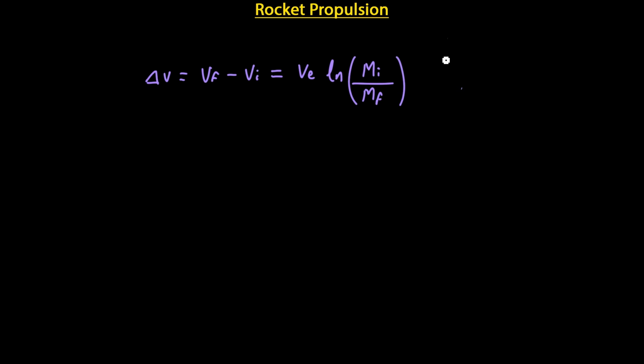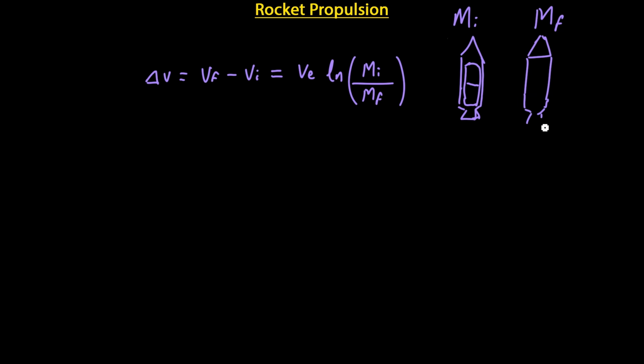The initial mass of the rocket is whatever the mass of the rocket is when we have a certain amount of fuel in the rocket. So it could be completely filled with fuel, or it could be half filled with fuel. But the final mass of the rocket is the mass of the rocket when it's expelled or ejected some of the fuel.